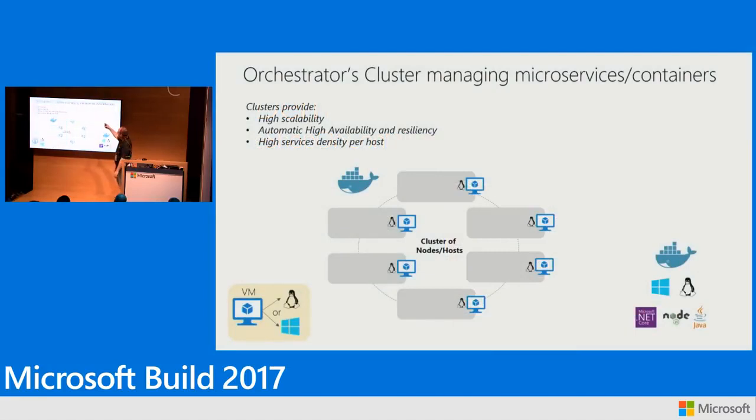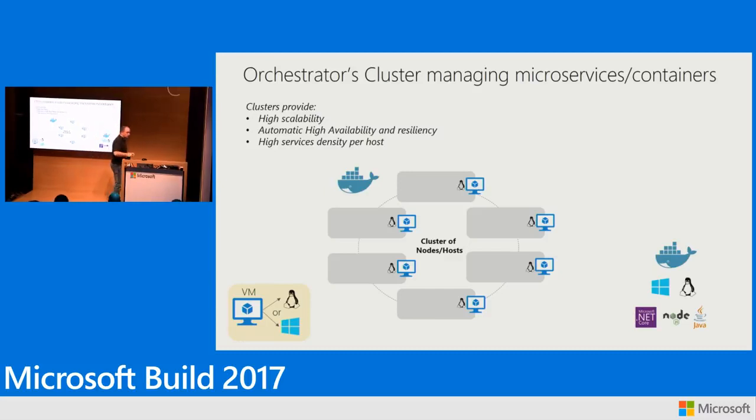Something important is that an environment with a single Docker host is great for development, but when you are going to production, you need to scale out, because in a single Docker host you have one instance of a container, and that's it. If you want to scale out and have many instances per container or per image, then you need to deploy it to a cluster.